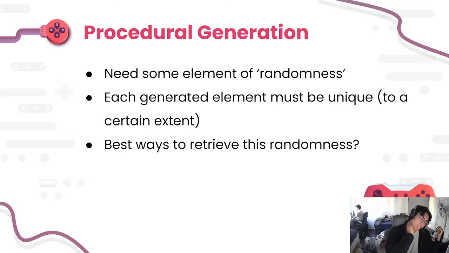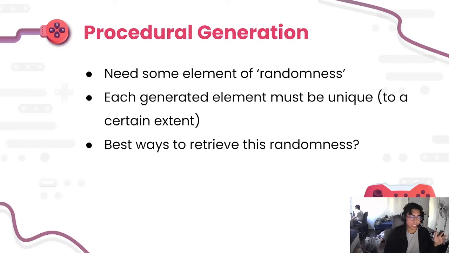All right, procedural generation. So, when you load up a game of like Terraria or something, clearly the world is not the same every time you create a new one, and the world needs some sort of randomness. Each generated element in a game must be unique up to a certain extent in order to create a replayable game.